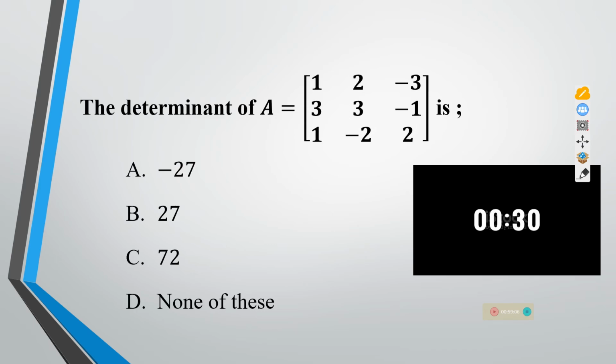So the next question, the determinant of A, which is equal to that, is, so you are given these options here, and you have only 30 seconds to have it answered.